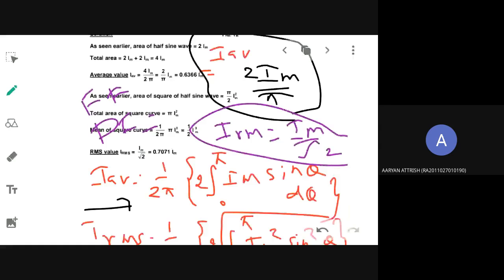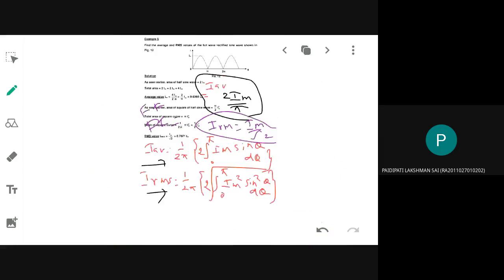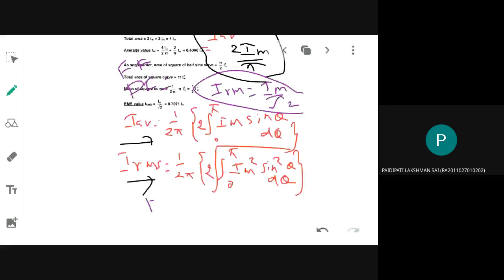Ayappa and Lakshman, doing or what? All got what answer for form factor and peak factor now? Form factor is equal to IRMS divided by I average.